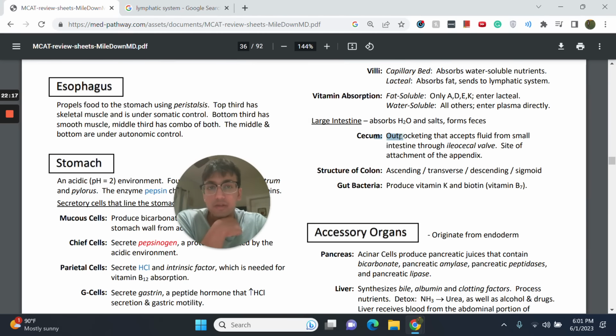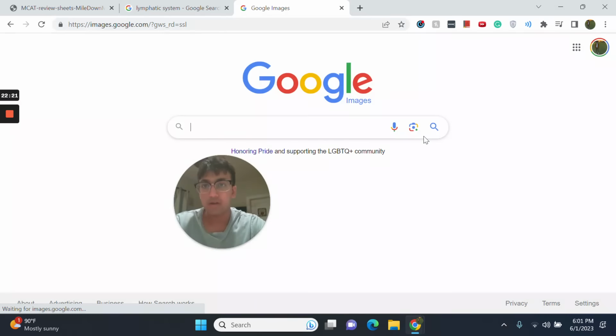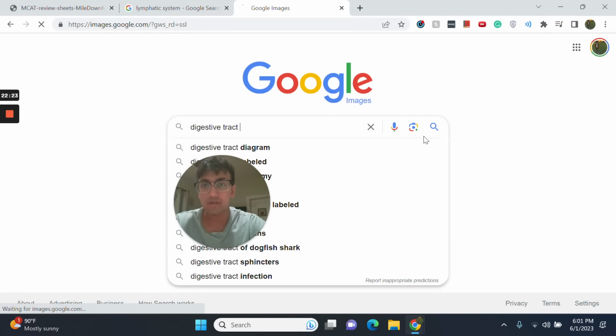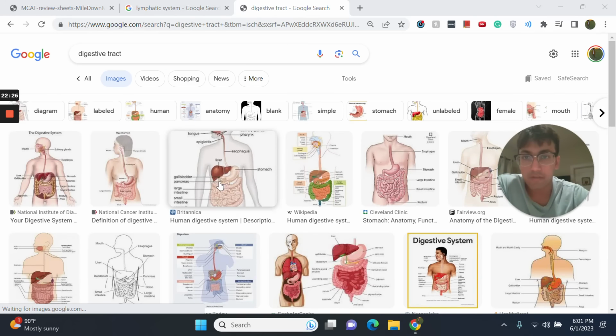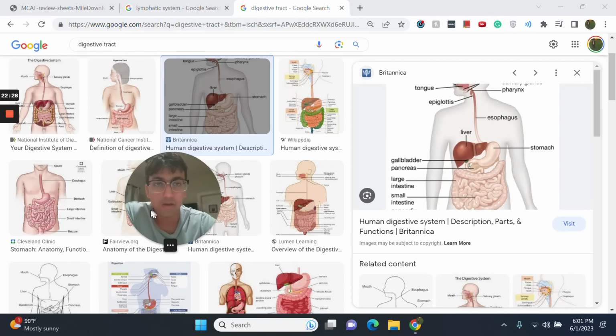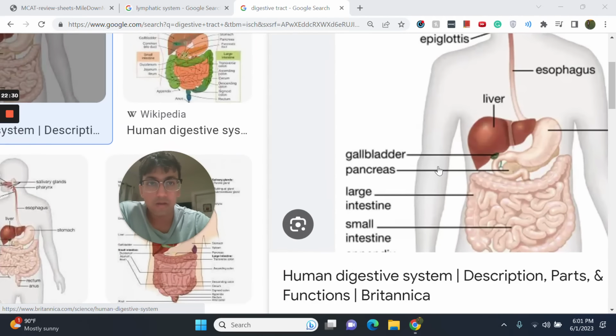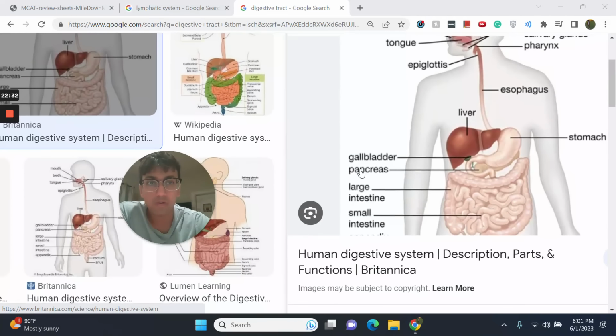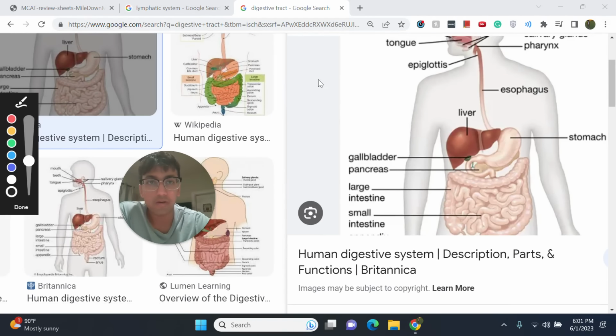The cecum is basically, I think it might be helpful if I show you the digestive tract. All right, so you have your tongue, your mouth, it goes through the pharynx, and the epiglottis makes sure it doesn't go through the larynx. Then you have the esophagus, right? And it goes through your thorax.